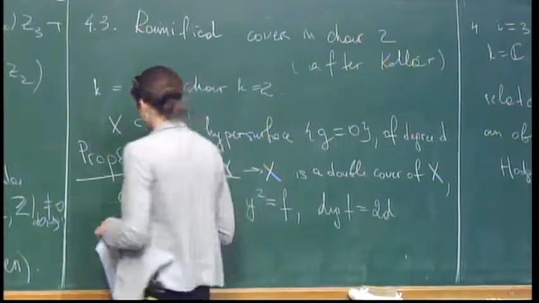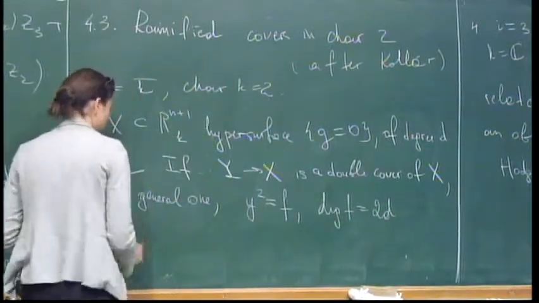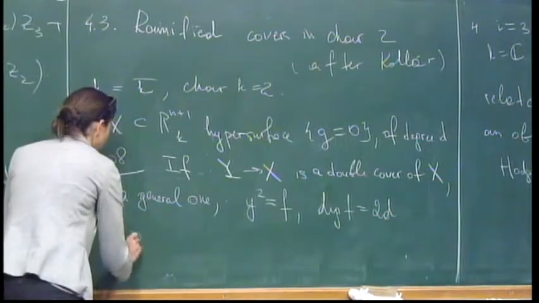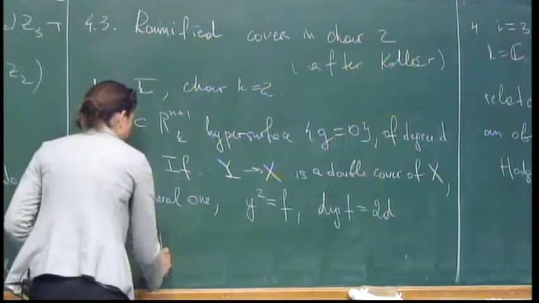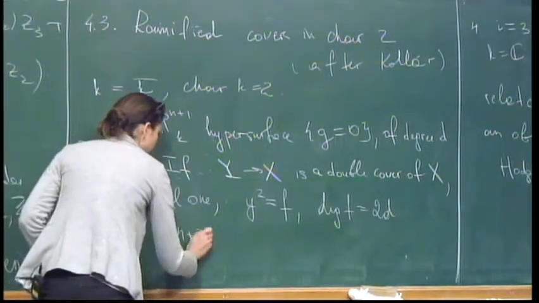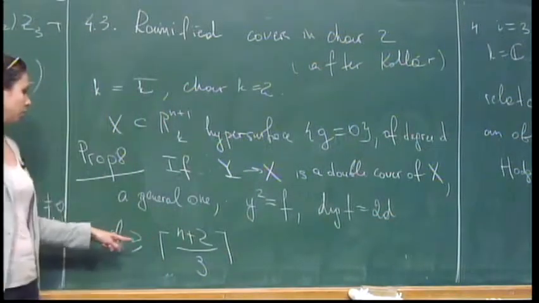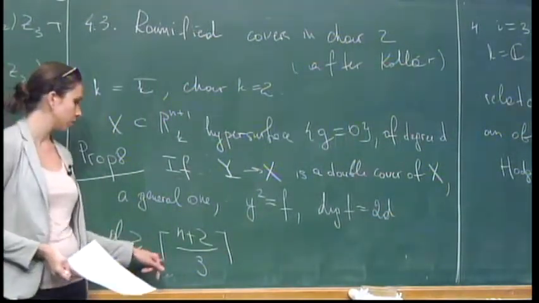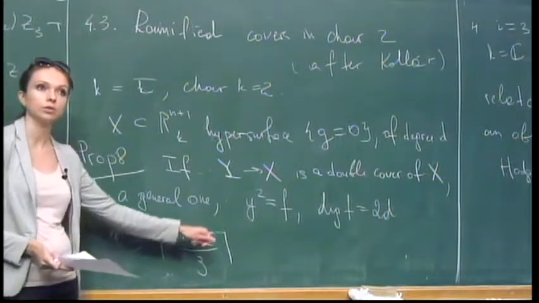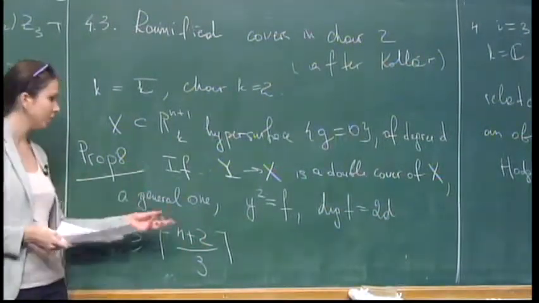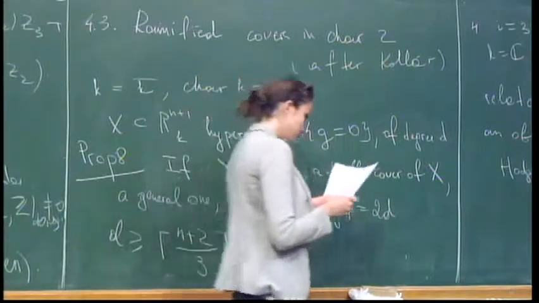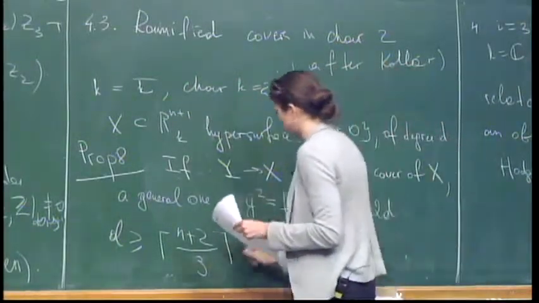And also, which is very important, there is some assumption on d: d is at least the smallest integer which is not smaller than n plus 2 plus 3.